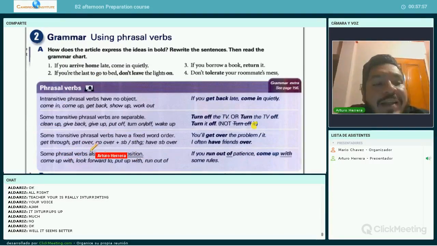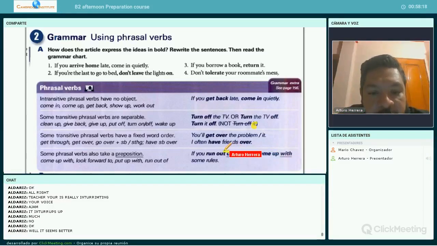And look at the last part. Some phrasal verbs also take a preposition, like come up with, look forward to, run out of. So if you run out of patience, come up with some rules.